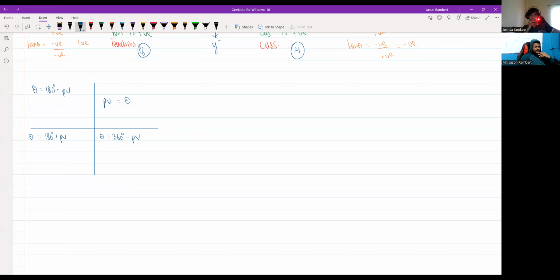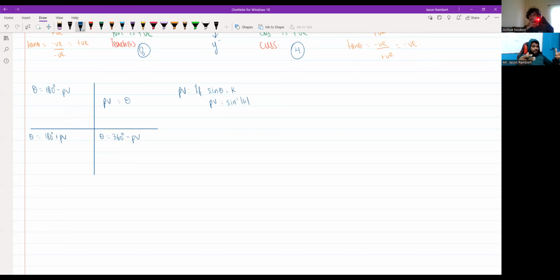What is this principal value business? The principal value comes in if sine of theta is equal to k, where k is some number and theta is some number. My principal value is going to be sine inverse of the modulus of k, where the modulus will take all positive values of k.